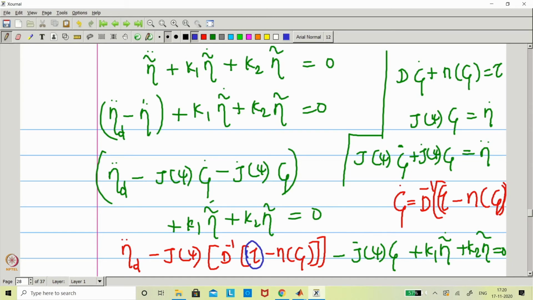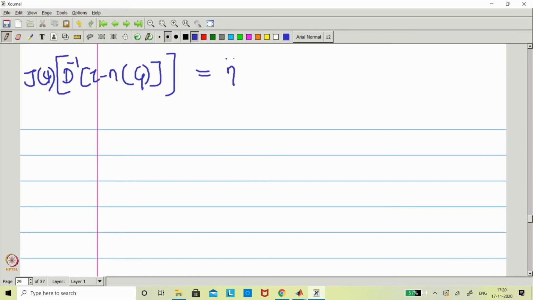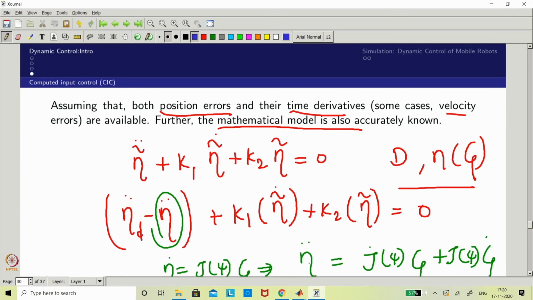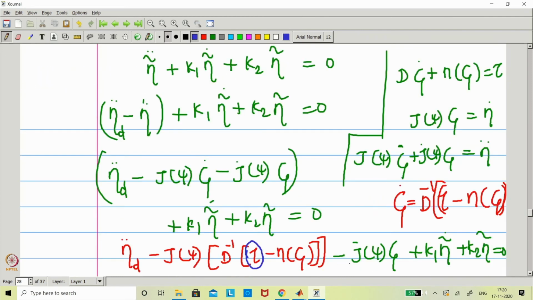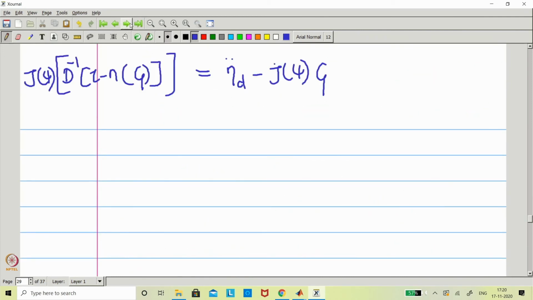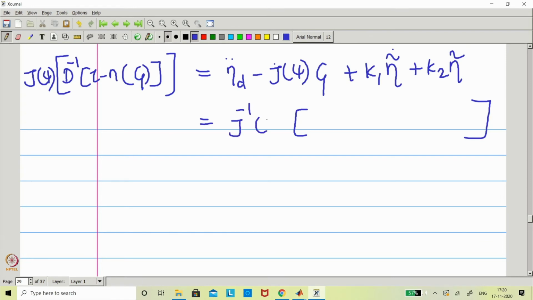The remaining all retain on one side: eta double dot desired minus j dot of psi into zeta, then plus k1 eta tilde dot plus k2 eta tilde. I am rewriting this with J inverse of psi, and what remains is D inverse into tau minus n of zeta.